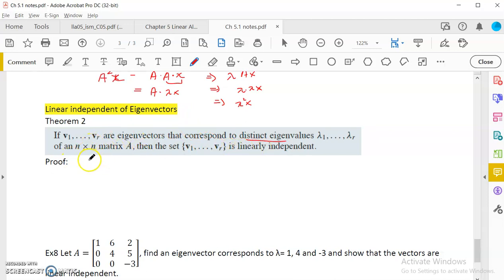So proof: let's just assume the contrary. v1 to vp are linearly independent, but not v p plus 1.